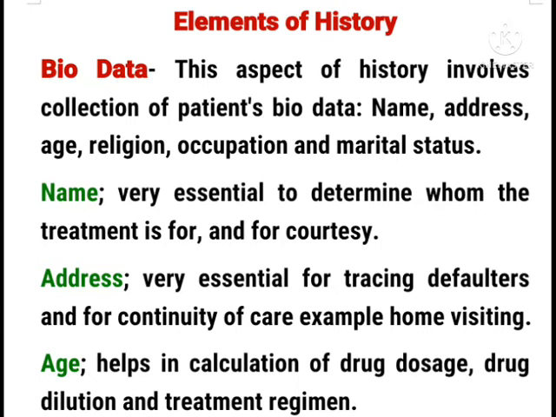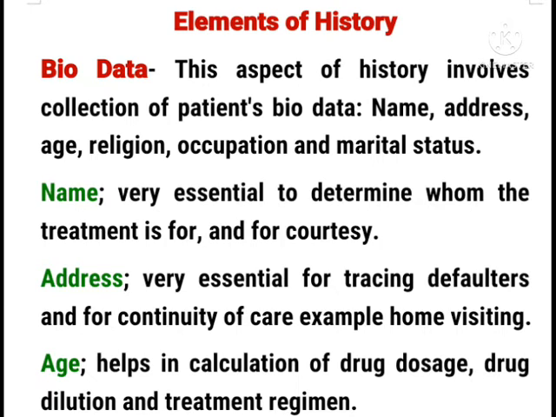Okay. Then also ethnicity. Ethnicity is important because certain disease conditions are meant to occur in certain ethnic groups. So it also helps us to make diagnosis, like Kawasaki disease and Rocky Mountain disease, they are specific to a specific ethnic group or geographical area. Like malaria, known for sub-Saharan Africa.